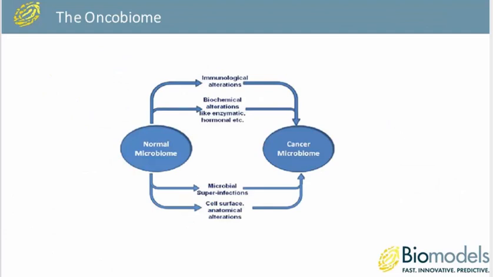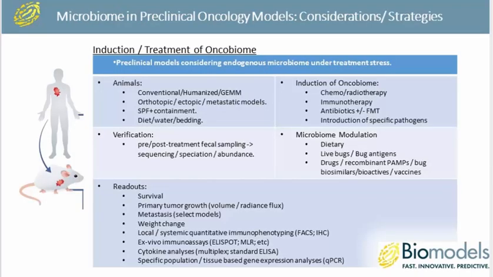I want to introduce really quick the concept of the Oncobiome. So in oncology, whether through disease or through treatment, the microbiome may be altered into what's been termed the Oncobiome. This is basically the patient's altered microbiome in the context of oncology. And we can look at customization of models to really look at the oncobiome.